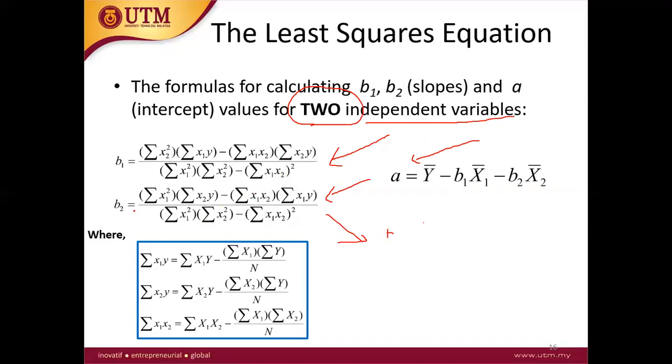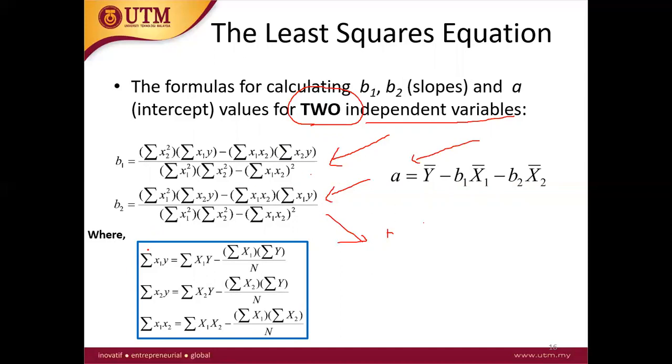Right. So here the B1, the slope for the first independent variable X1, is given here. The sum of x2 squared times the sum of x1y minus the sum of x1x2 times the sum of x2y.